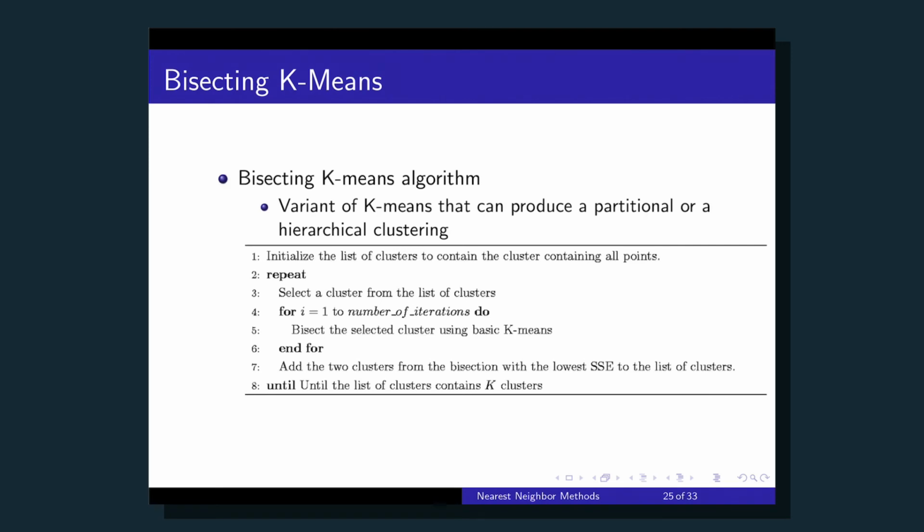And within that, you pick the one with the lowest squared error, which is the lowest total distance of all of its points to its centroid, so that you pick the tightest cluster, in other words, and you put it into this list of clusters. And then you go back and do it again. You pick a cluster, you divide it in half, and keep the one that has the tightest collection of points, put it back in. You do this division until you get k clusters.